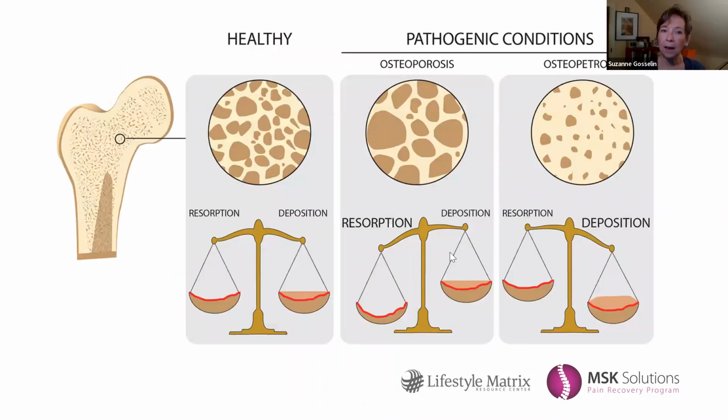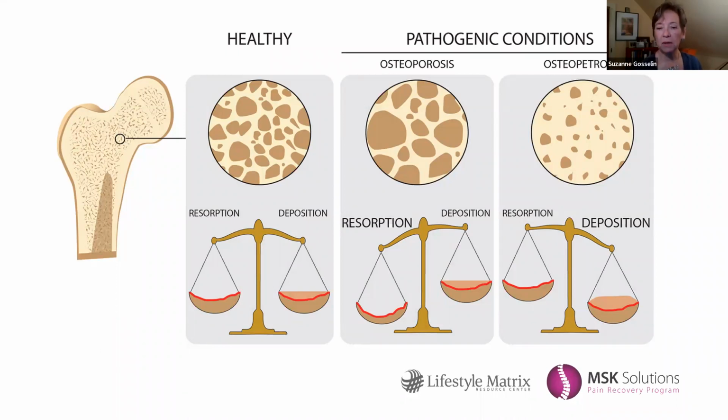So when we're dealing with a healthy bone, the process is equal. And here they're using the word deposition, but formation is another way of saying that. With osteoporosis, we actually get accelerated bone breakdown without a matching amount or percentage of formation.